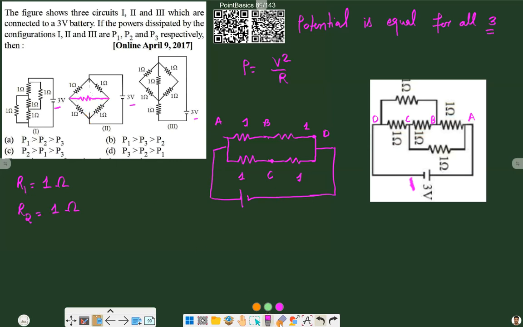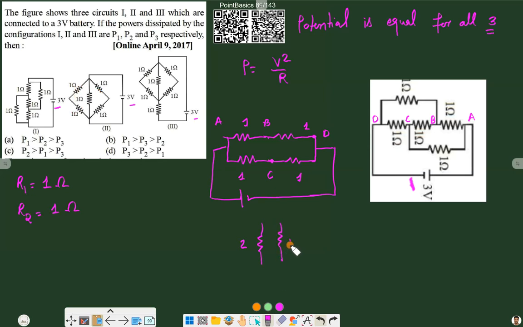But in this case, we have a connection between these two arms where the battery is connected, so it is not a Wheatstone bridge circuit. It's actually 2 ohm, 2 ohm and 1 ohm in parallel. So this circuit is something like this: these 1 ohm and 1 ohm are in series, so their combination is 2 ohm.